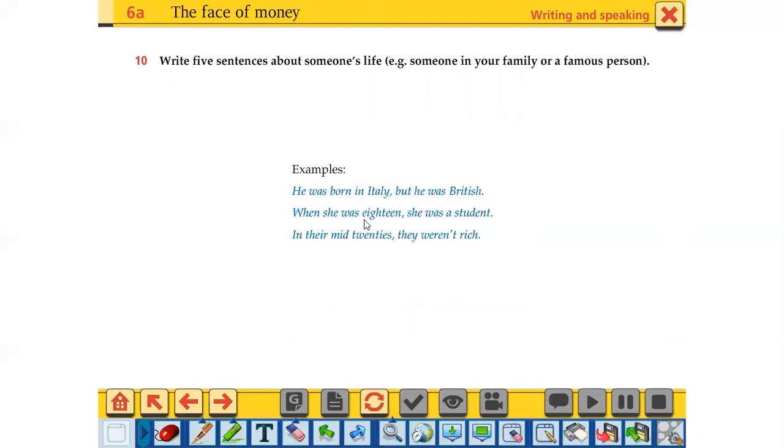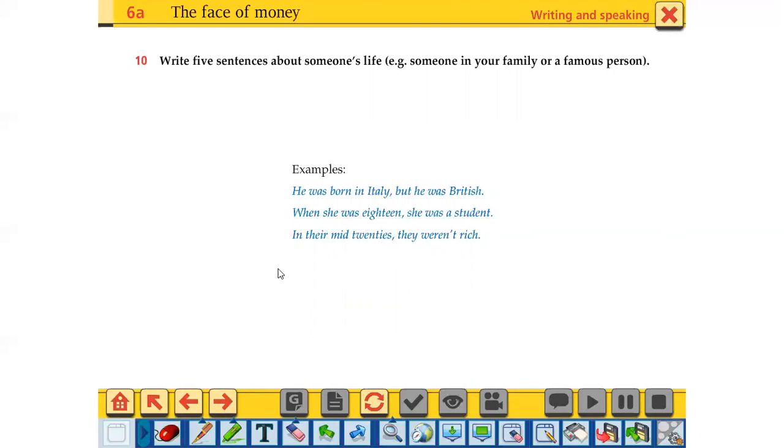She was 18. She was a student. In their mid-20s, they weren't rich. No eran ricos, a la mitad de sus 20, ¿no? A los 15. Okay.